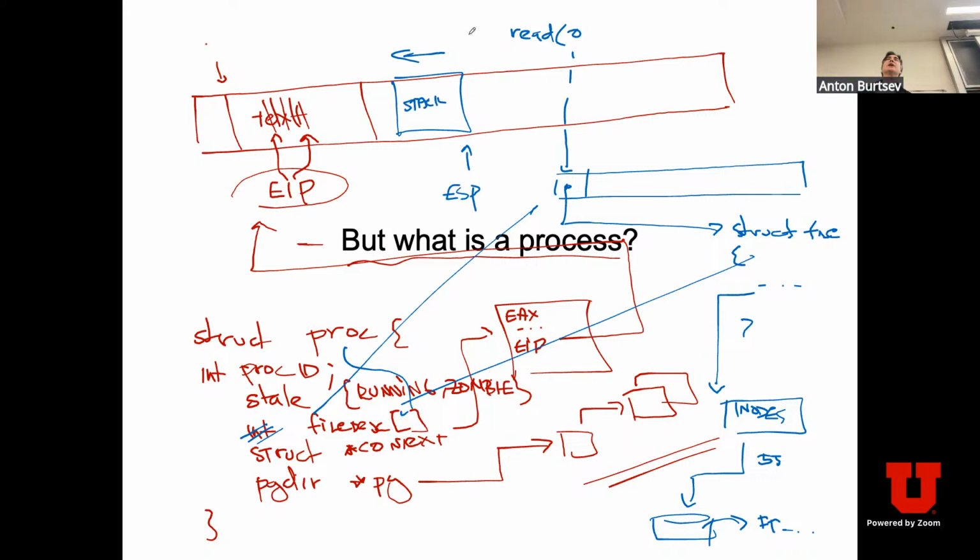But the kernel cannot trust this stack, because if you execute a system call, the user might be malicious and might reset the ESP pointer to 0, or to some unmapped page, or to an address which will try to override the kernel data structure. And so when we switch into the kernel with a system call, we'll be using a different stack, the kernel stack. And each process will have its own kernel stack. There will be a reason for that, but that's the field.